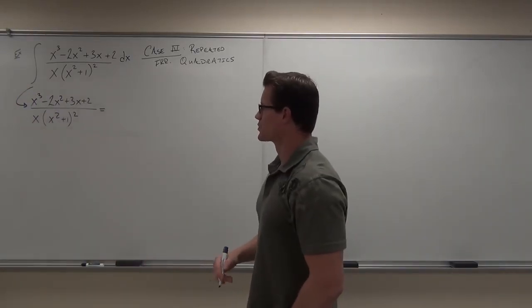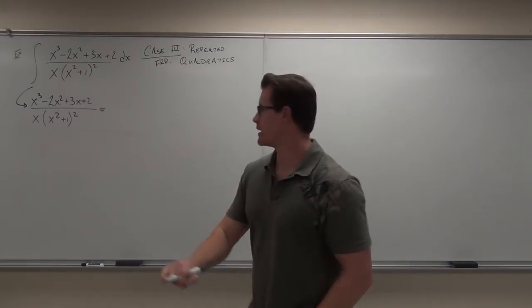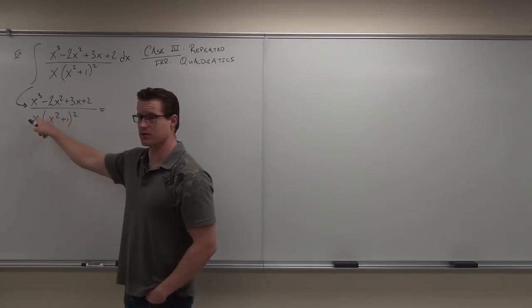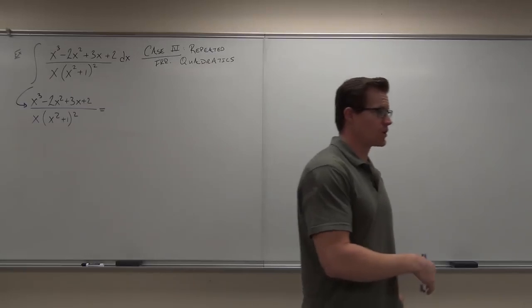Question: is the degree of the numerator less than the degree of the denominator? Yes. The denominator counts as x to the 5th, that's more than x to the 3rd, that's great. So we don't need to do long division.